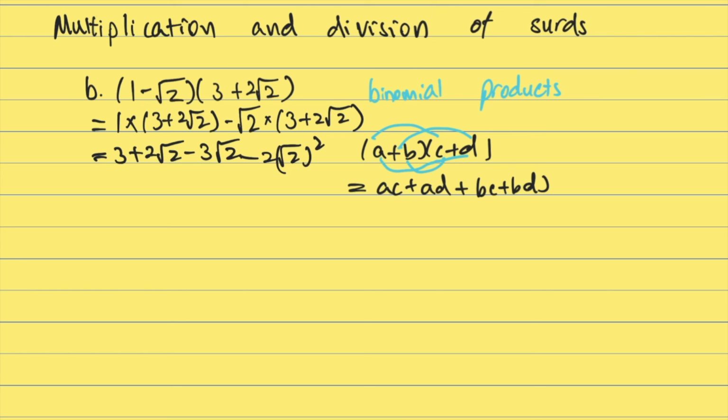And in the simplifying surds third video, I told you that square root x squared equals x. So square root 2 squared equals 2, which gives us 3 plus 2 square root 2 minus 3 square root 2 minus 2 times 2, which is just 4.